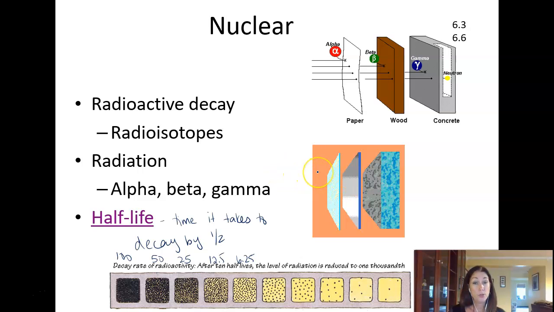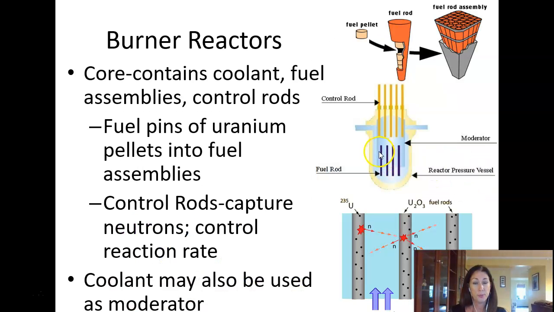Now, beta particles are light. They can travel far, but they would be blocked by something like wood. And then gamma radiation is the one we're most concerned about. Gamma radiation can travel through both paper and wood and would be blocked by something like lead or concrete. So gamma radiation is the most penetrating type of radiation that we're concerned about.